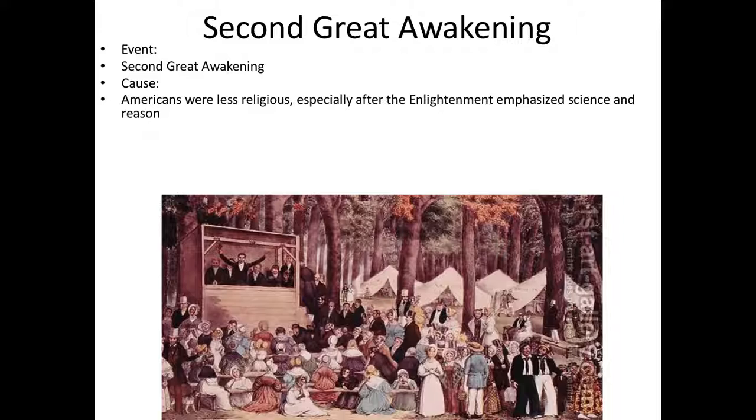Enlightenment ideas like deism had emphasized science and reason. They had de-emphasized religion. In fact, Thomas Paine, the writer of Common Sense, which draws from Enlightenment ideology, had later on written a very anti-religion book called The Age of Reason, and he basically said that churches were just there to control people's minds and take their money.